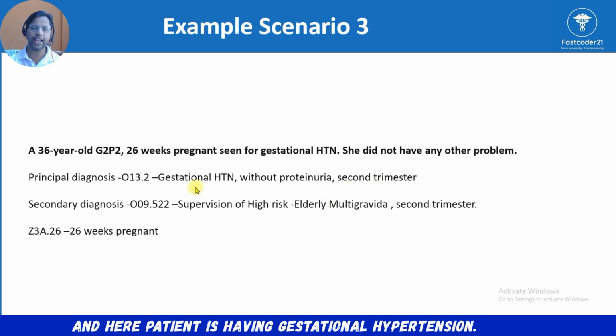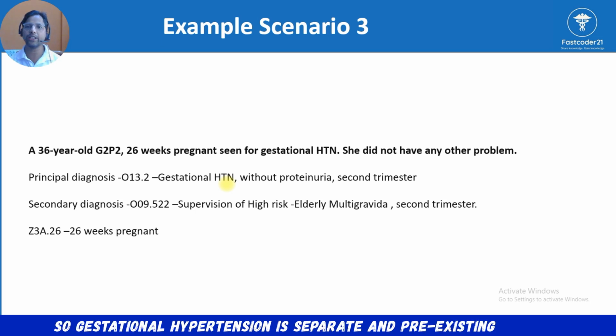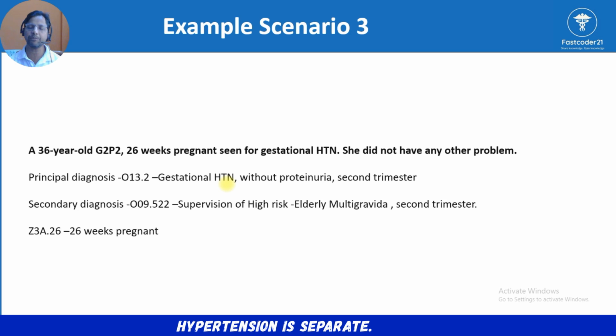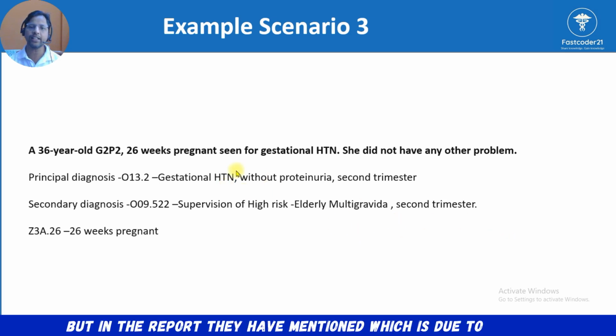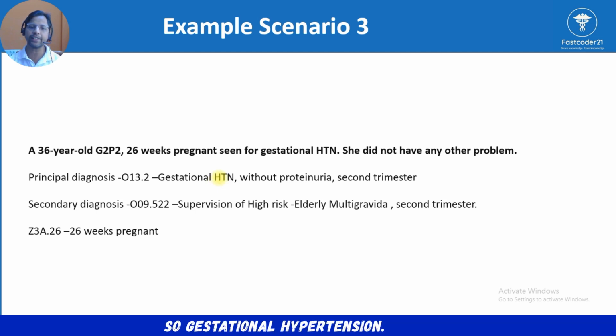And here patient is having gestational hypertension. So gestational hypertension means patient is having the hypertension during the pregnancy. So gestational hypertension is separate and pre-existing hypertension is separate. If the patient is having hypertension before the pregnancy, we will call it pre-existing hypertension. But in the report they have mentioned it is due to pregnancy. So gestational hypertension.